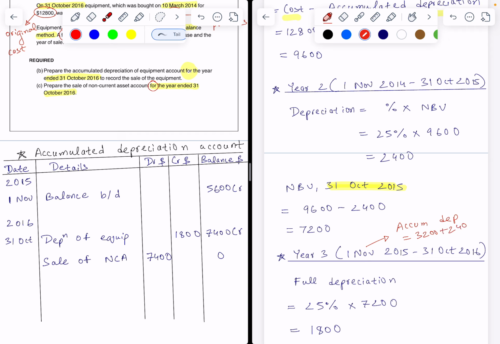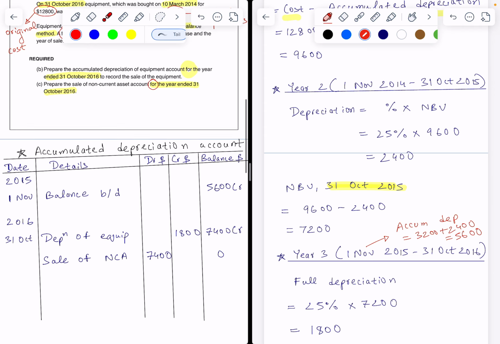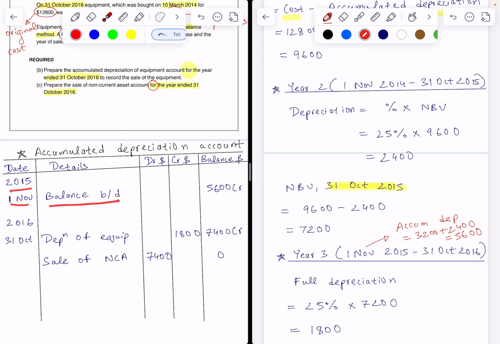In year 1, we had 3,200. In year 2, we had 2,400, which is 5,600. Okay? So this is the amount that we are starting our financial year at 1 November 2015 with. So you can see the opening balance brought down, 5,600 credit.